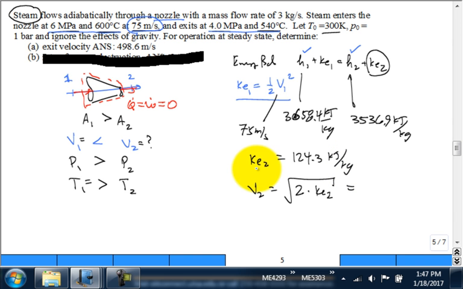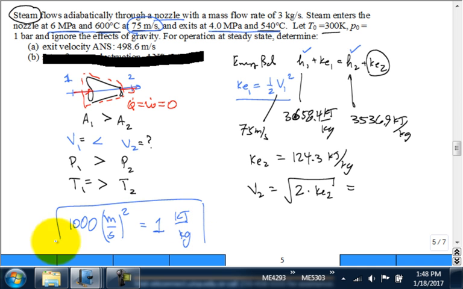The big unit conversion that a lot of people will miss is that when you take a meter per second and square it, does that immediately convert to a kilojoule per kilogram? No, it's not one-for-one. You need 1,000 meters squared per second squared. That's precisely equal to 1 kilojoule per kilogram. This is what we call a unit conversion factor.